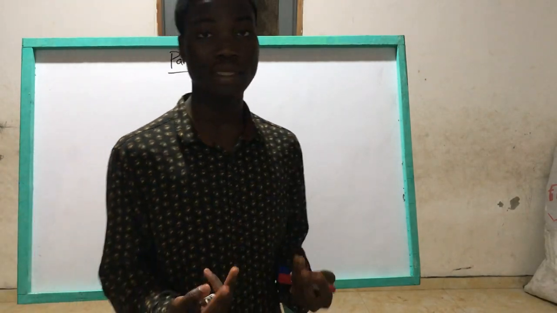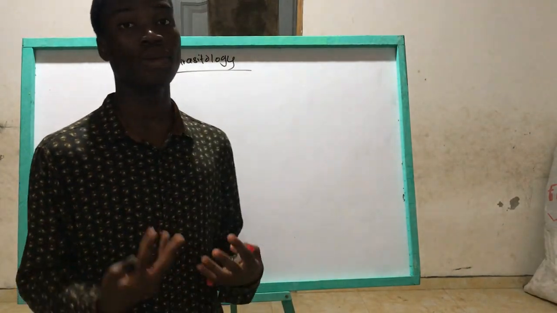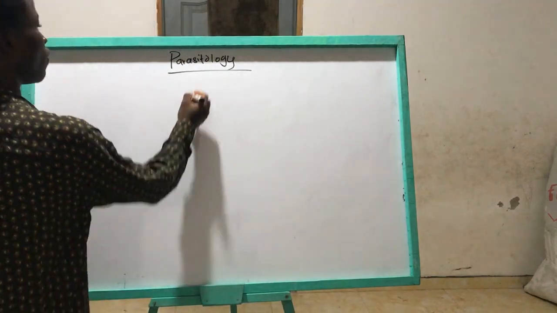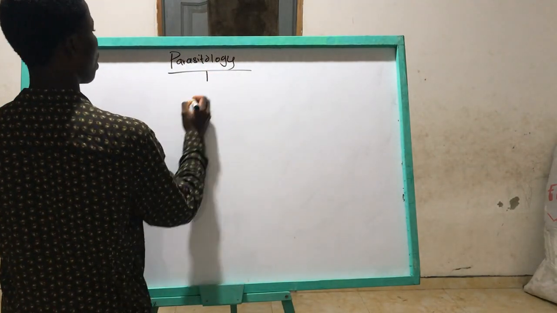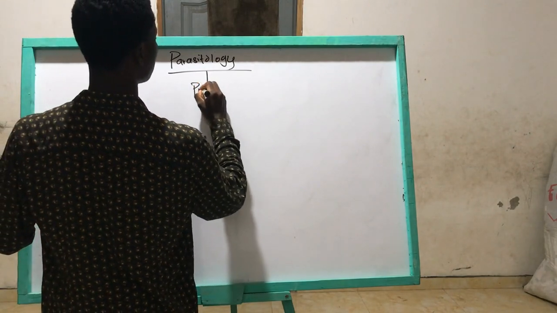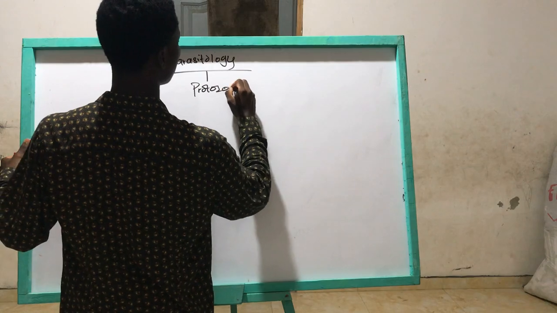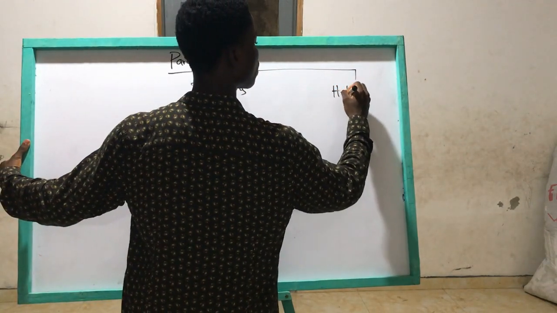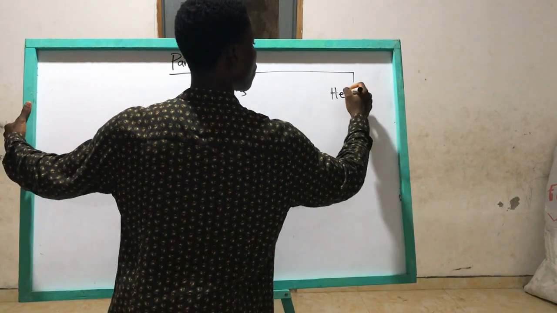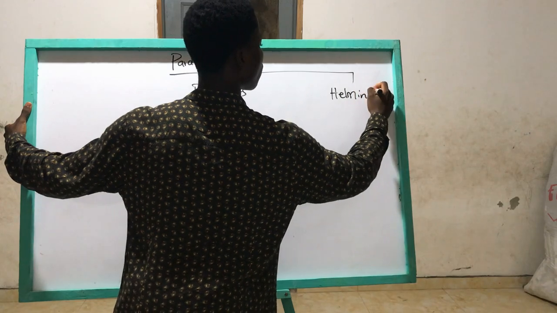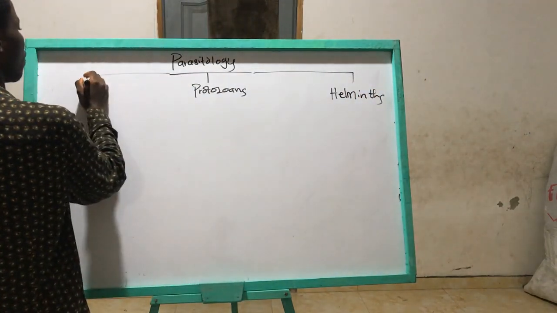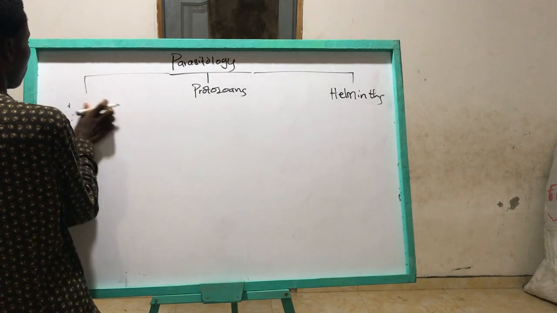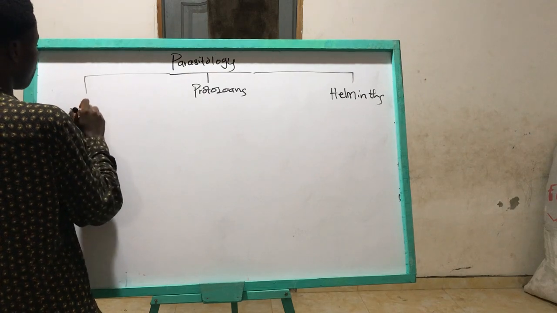Parasitology is basically classified or branched into three main categories. We have our protozoans, then we have our helminths, then we have our arthropods.